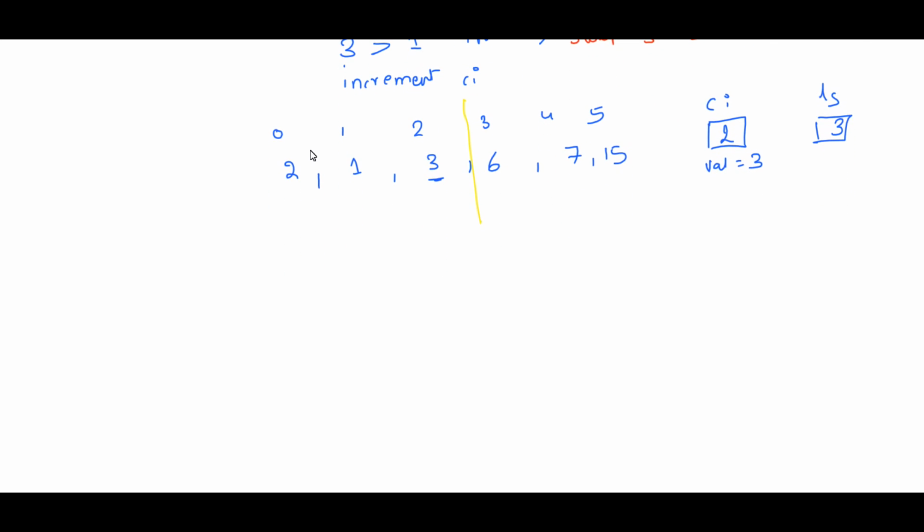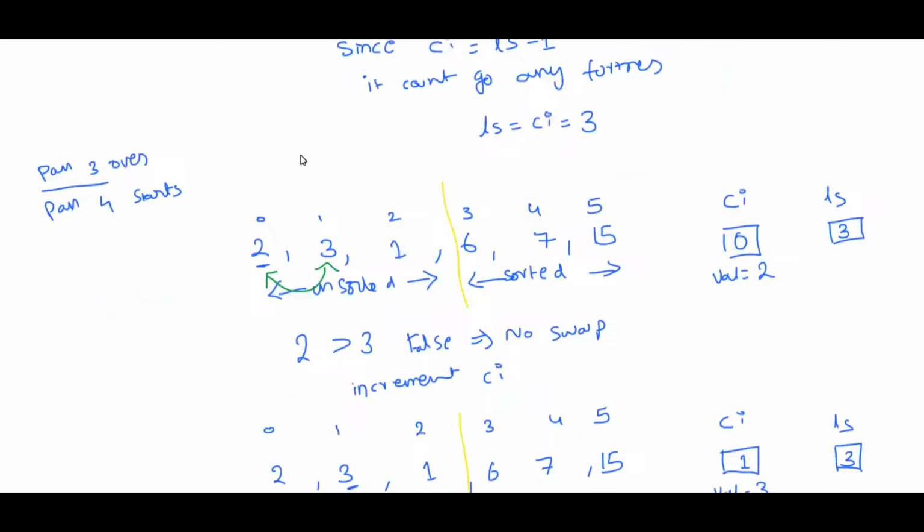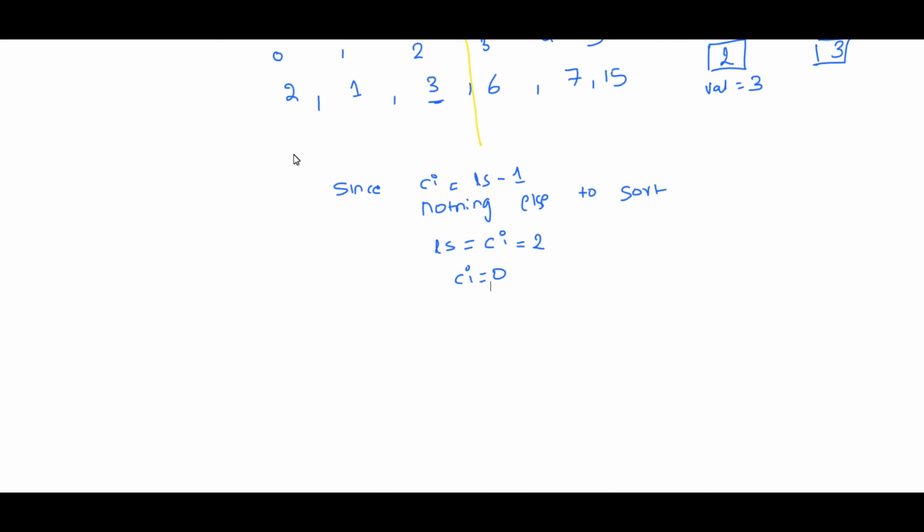And since CI is equal to ls minus 1, there's nothing else to sort. We're going to set our ls to what CI is, which is going to be 2, and we're going to reset the CI to 0. So that is, let's see, pass 4, right? So we're going to mark that pass 4 is over.